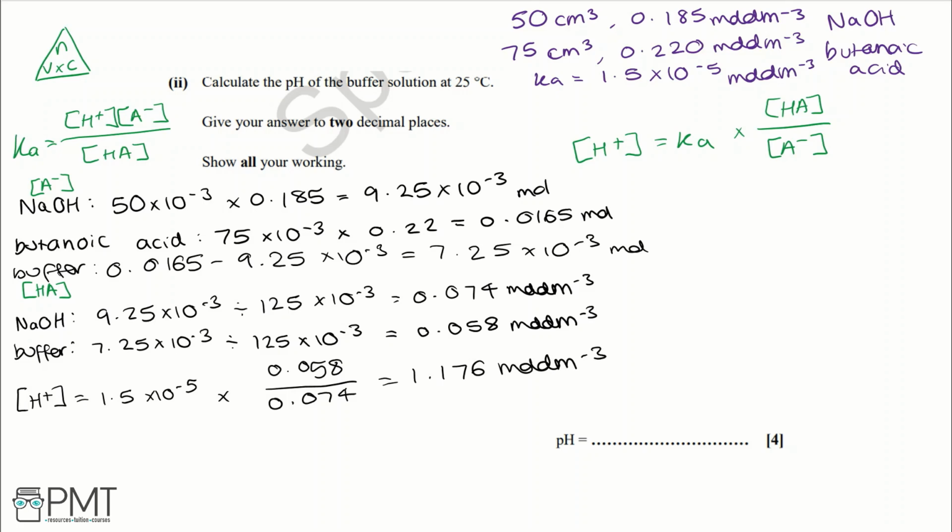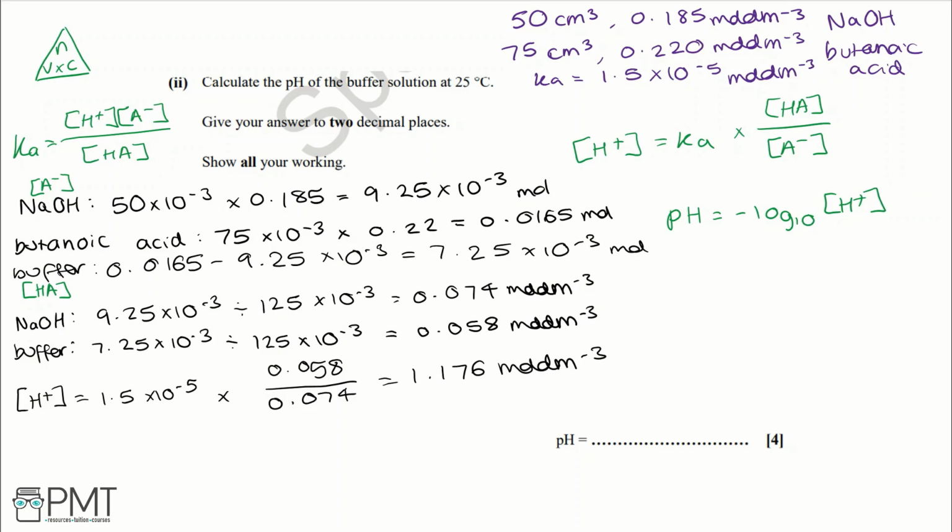And then finally we're going to use the equation for pH, which we used in part 1 of this question, on the previous page, and that is pH equals minus log 10 of the concentration of H plus. But in the other part we used concentration of OH minus, and it was pOH.